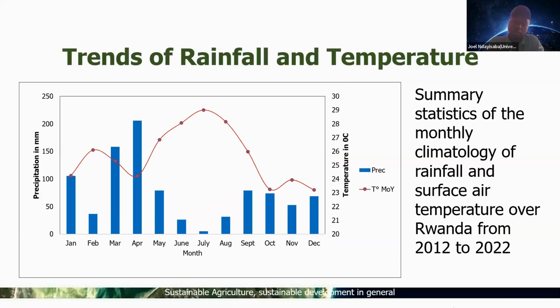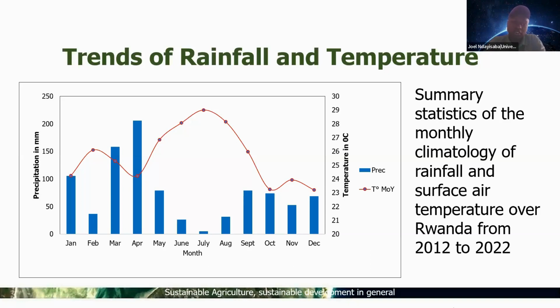So here, before going to the next step, we analyzed the trends of rainfall and temperature to see which seasons are going to be at more risk than others.